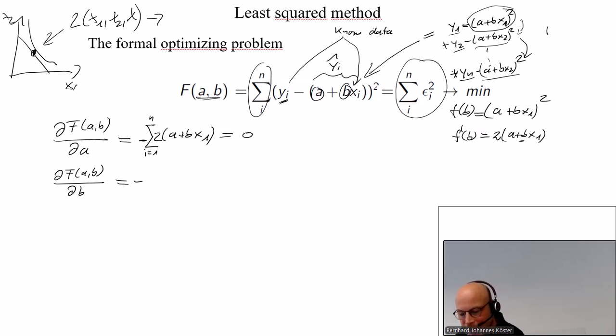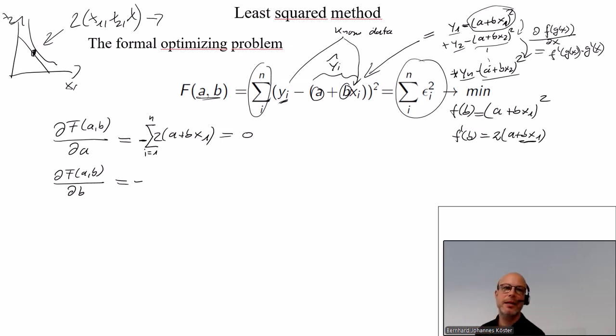So f of g of x, with respect to x is f prime of g of x times g prime of x. And the inner function is b times x1. b times x1, the derivative with respect to b.